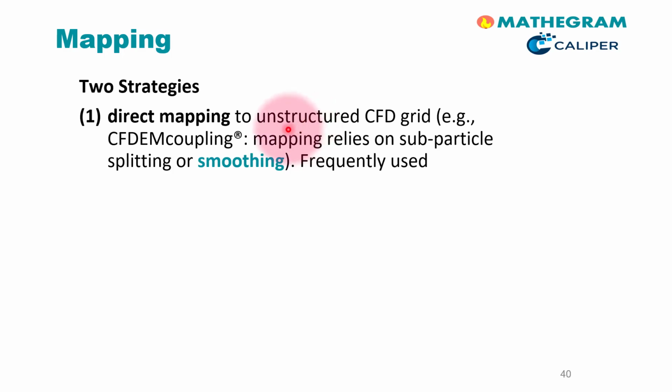Such a mapping is performed, for example, in the open source tool CFD-DEM coupling, where mapping relies on a so-called divided scheme that uses sub-particle splitting and a subsequent smoothing algorithm that we will discuss later. Direct mapping is frequently used since it does not require additional memory, is easy to implement and works relatively well.